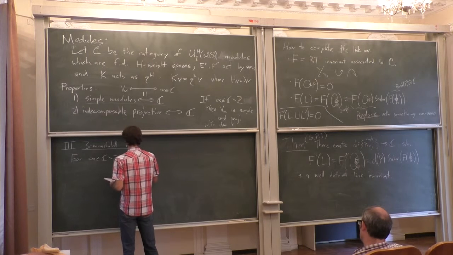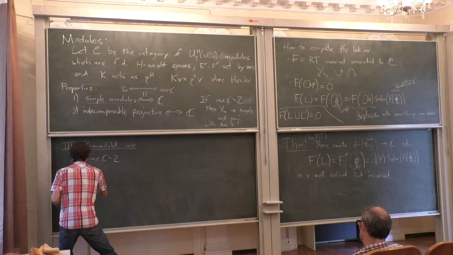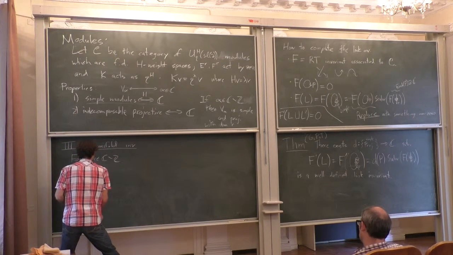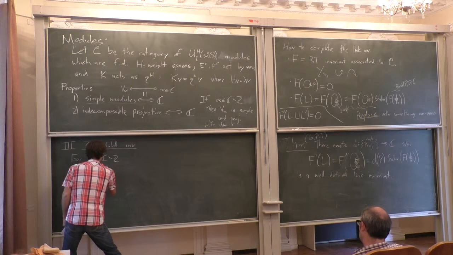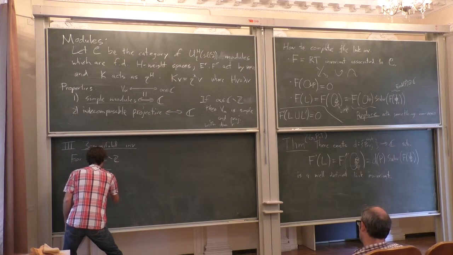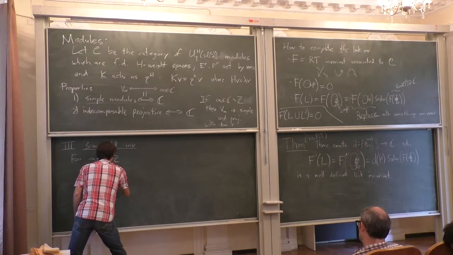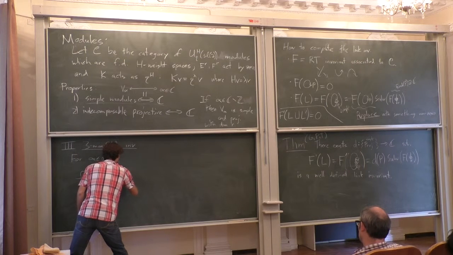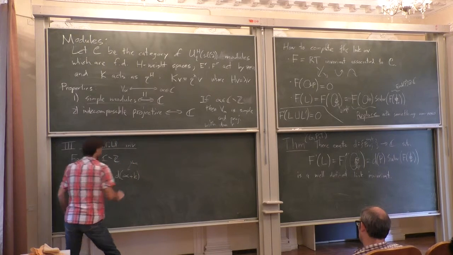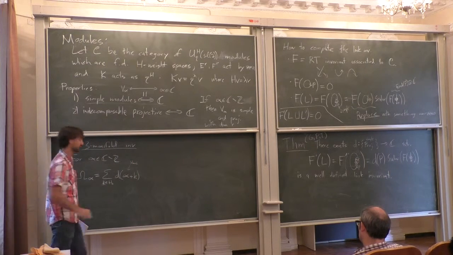So I have this Kirby color, which is the sum over some indexing set, which I'll do in a second, of D of alpha plus K. So this is really just D alpha plus K. That thing is defined for projective modules.